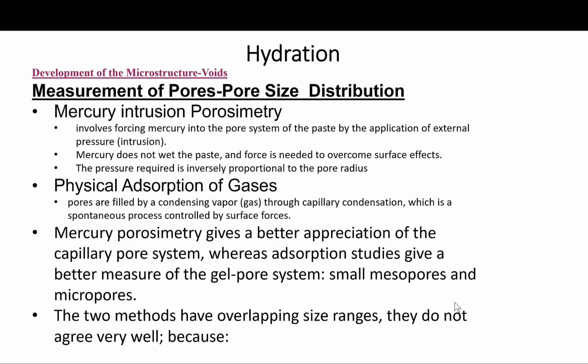Okay, but in general, the mercury porosimetry gives a better appreciation of the capillary pore system, while the adsorption studies give a better measure of the gel pore system, small mesopores and the micropores. The two methods, though, have overlap in size ranges, and they do not agree well.